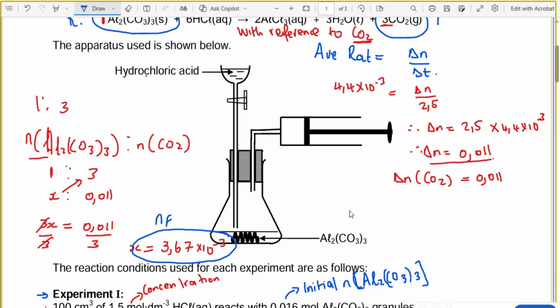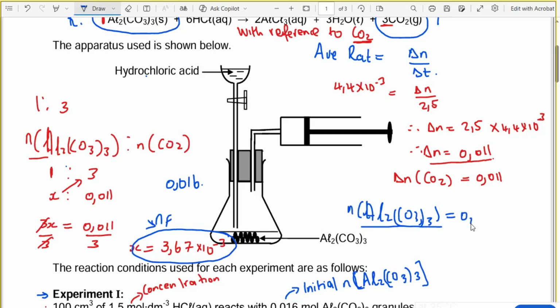So the number of moles of that Al2(CO3)3 final will be what we start with initially minus what's left. You understand? We need to know what is left, because this is what we have final, and we started with 0.016.